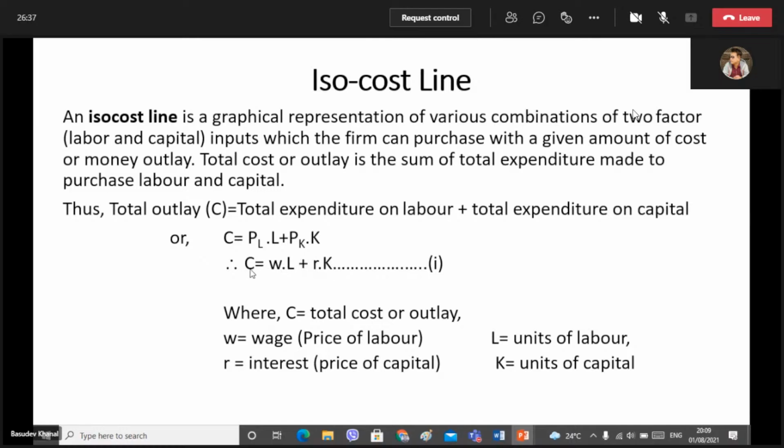That value will be equal to the total outlay or money outlay, total cost. This is the equation of ISO cost line. On the basis of this equation, we can draw the ISO cost line.